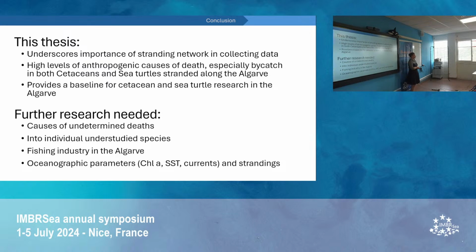And with the bycatch, it's quite controversial nowadays on the major scale because they stopped some fishing nets because there was a lot of bycatch of bottlenose dolphins. So it's important.